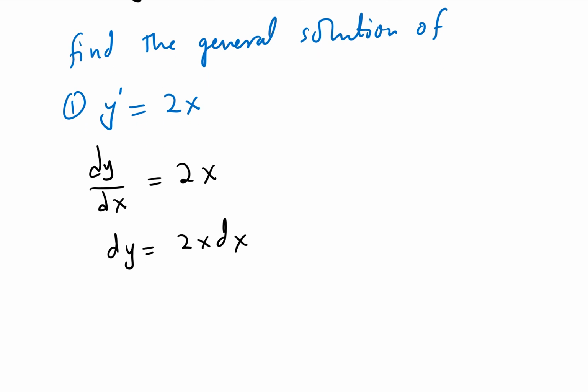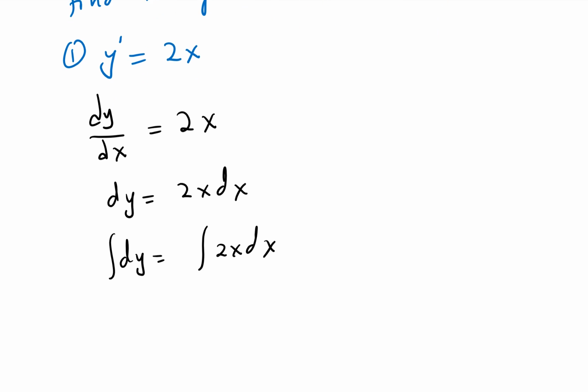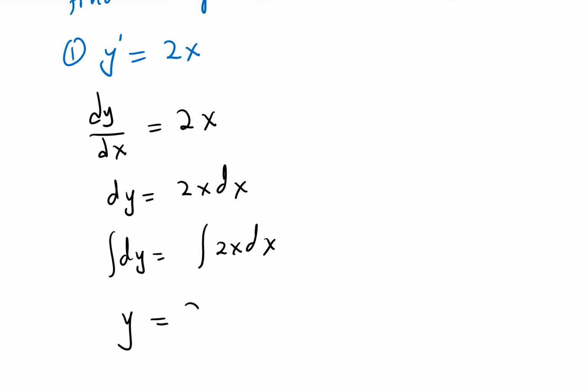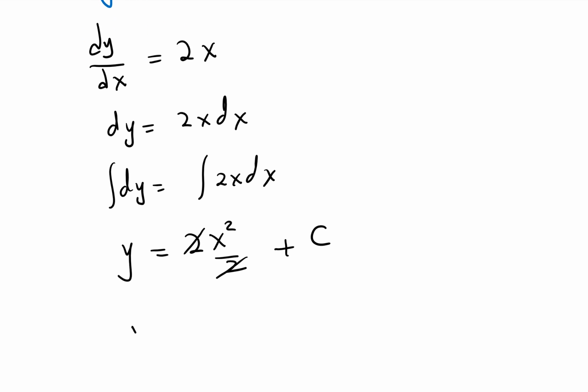Then we can integrate both sides. This is y equals the antiderivative of 2x, which is x squared over 2 times 2, plus c. The 2's cancel each other, so then y equals x squared plus c.